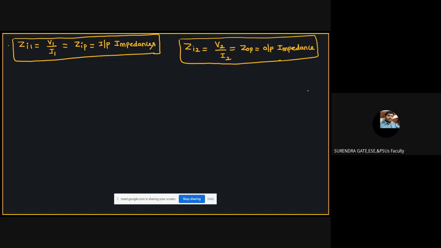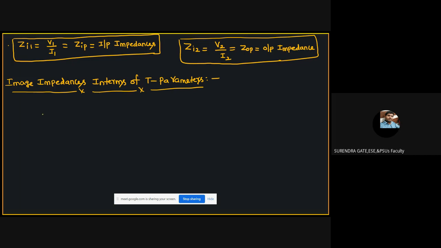Now you see what the image impedances are in terms of T parameters. Image impedances in terms of T parameters. This is an important concept here.